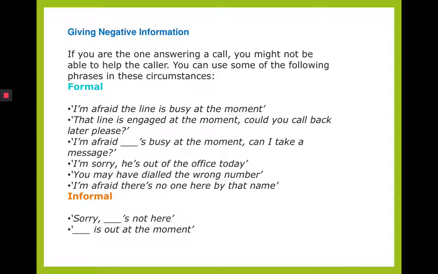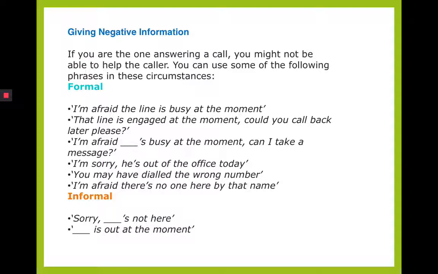If you are the one answering a call, you might not be able to help the caller. You can use some of the following phrases in these circumstances. Right? So if you happen to be the person who picks up the call and you do not know what to do, you could always tell the person, I'm afraid the line is busy at the moment.